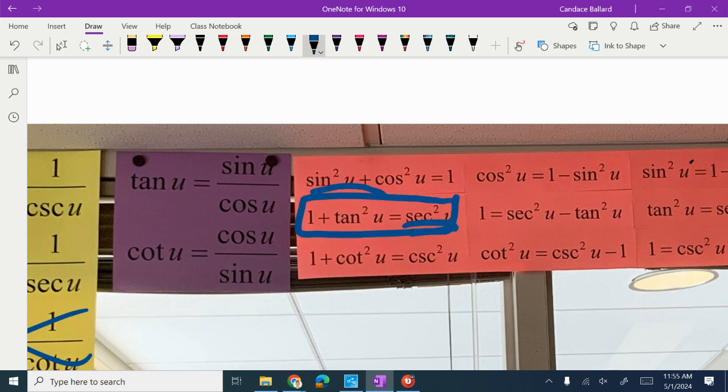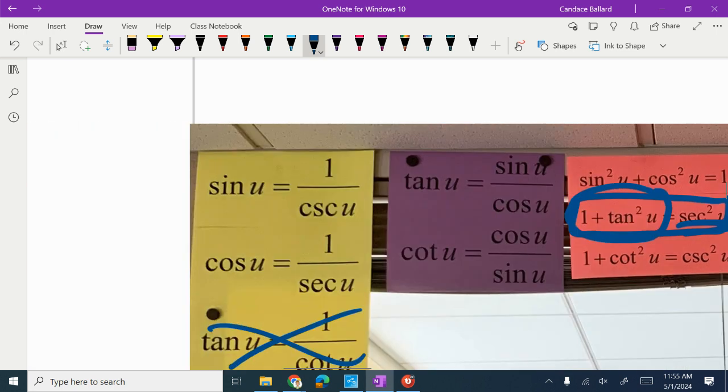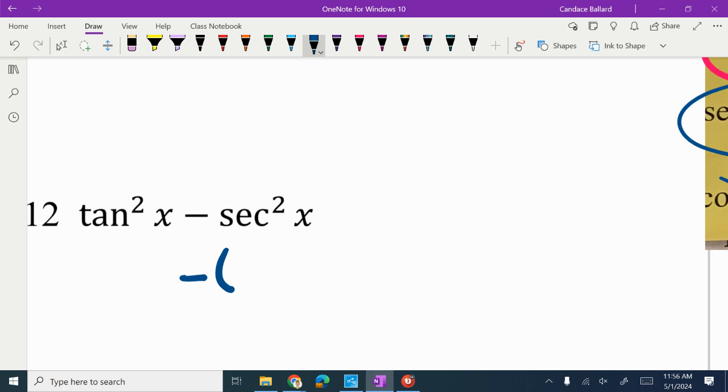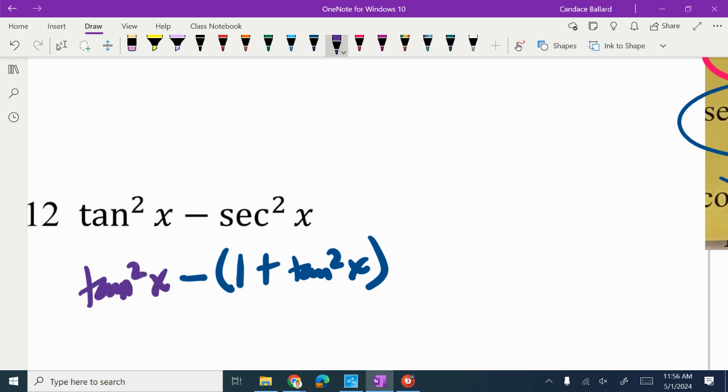So I'm going to replace secant squared with 1 plus tangent squared. So we're putting that in. I know I've got a minus sign. I'm going to go 1 plus tangent squared x. And then I'm keeping the tangent squared part that was up front originally. You don't have to replace both. Just try replacing one.